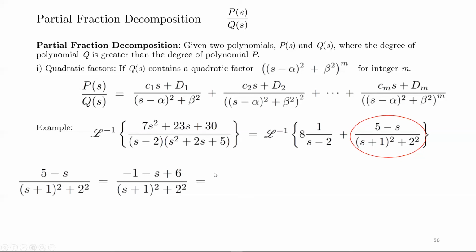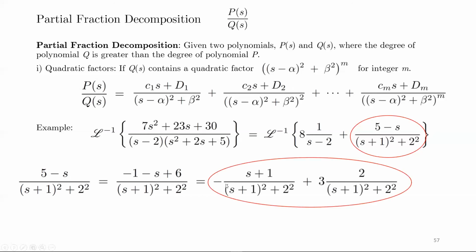Well, why do I want to do that? Then I get negative s plus 1 over s plus 1 squared plus 2 squared. This term I can already see is going to be some kind of cosine multiplied by an exponential.